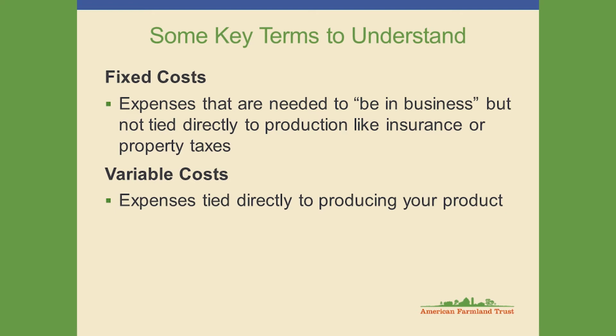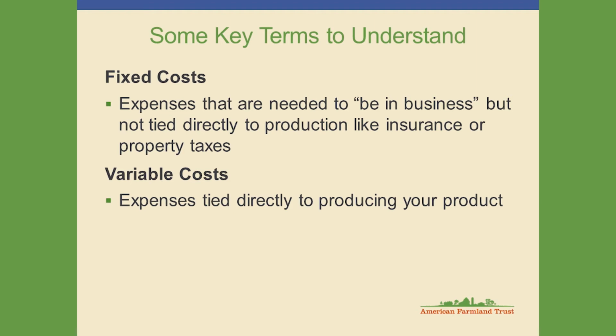So some key terms to understand are fixed costs and variable costs. They're both expenses, but they behave a little bit differently. Fixed costs are expenses that are related to being in business, to have the lights on in your shop, but they're not tied directly to production.